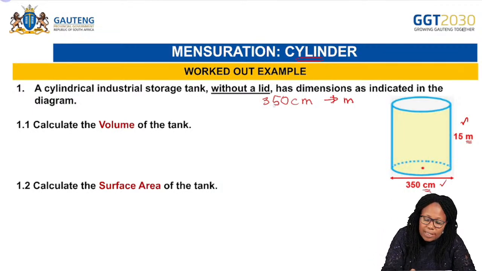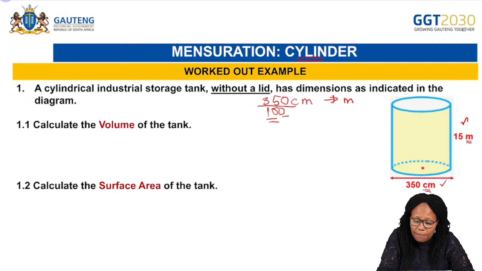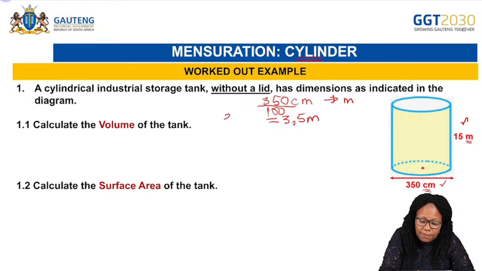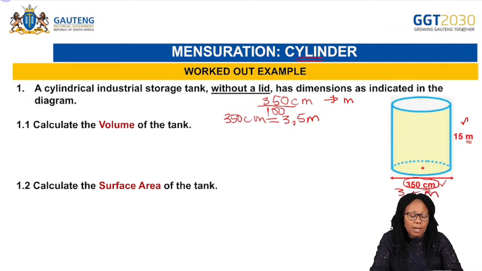So we are going to take 350, divide it by 100, then it will give us an answer which is equal to how much? Grade 12. That will be 3,5 meters. That means the 350 centimeters is equal to 3,5. So instead of using the 350 centimeters, we will be working with 3,5 meters for that dimension.